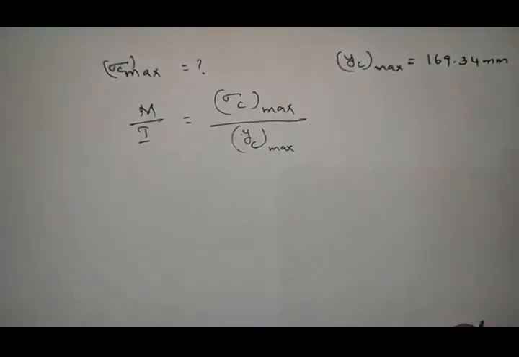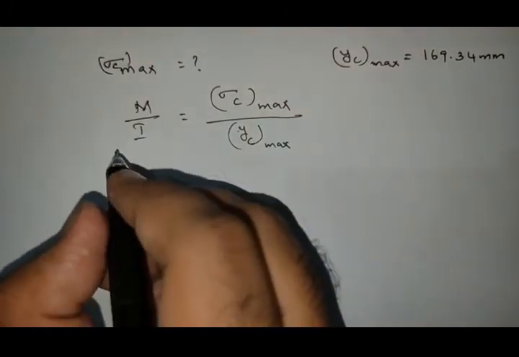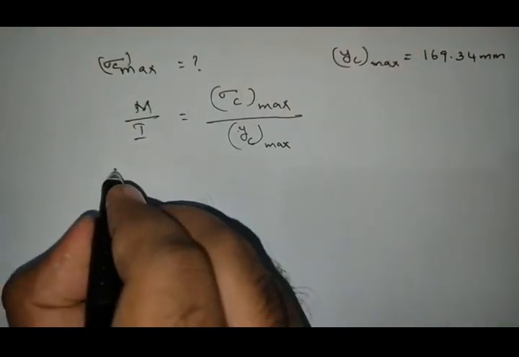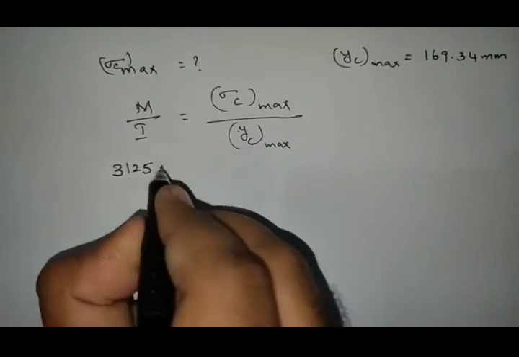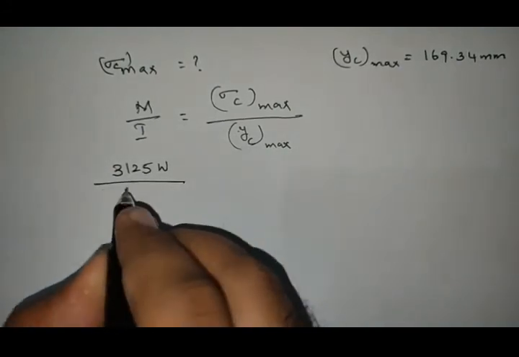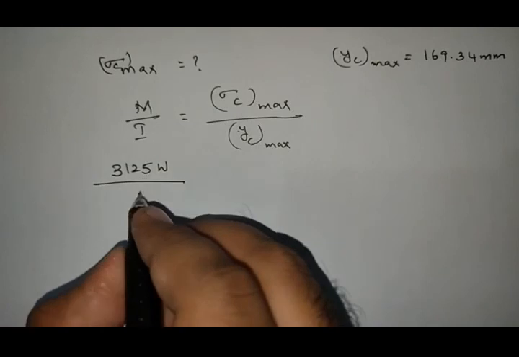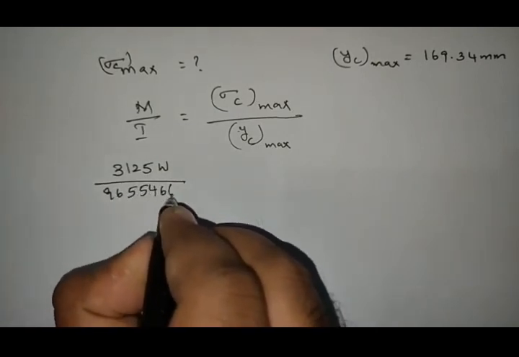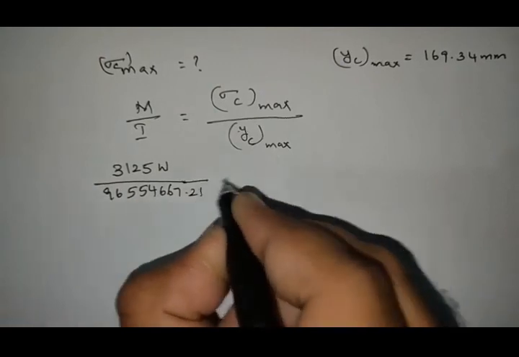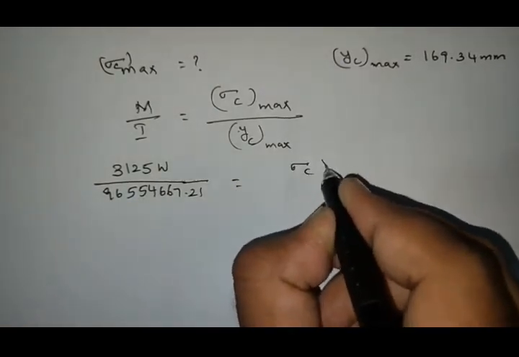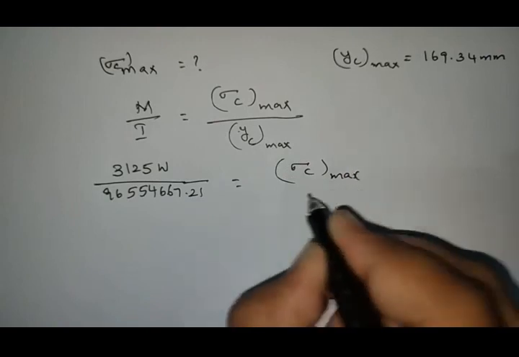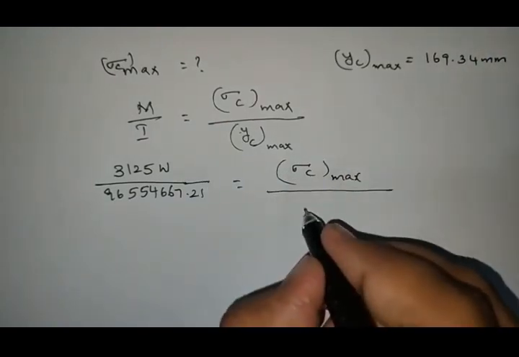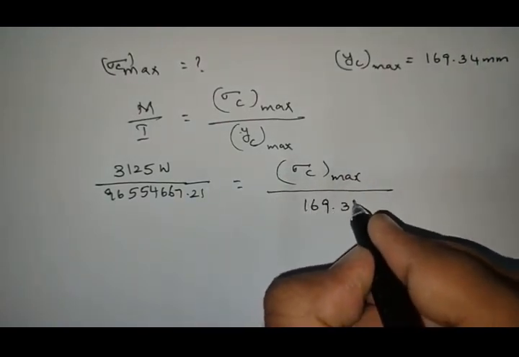Now substitute all the values. Bending moment is 3125 W, by I value 96554667.21, equals sigma C max by YC max, 169.34.